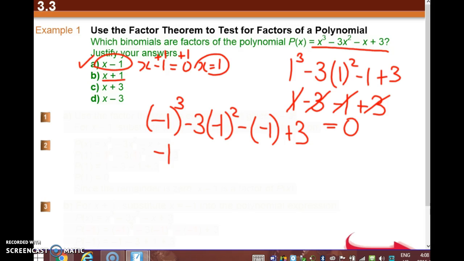Negative 1 squared is 1 times minus 3 is minus 3. Negative 1 times a negative is positive 1 plus 3. These will cancel off because minus 3 plus 3 is 0. And negative 1 plus 1 is 0. So this one is 0. So that one is also a factor.